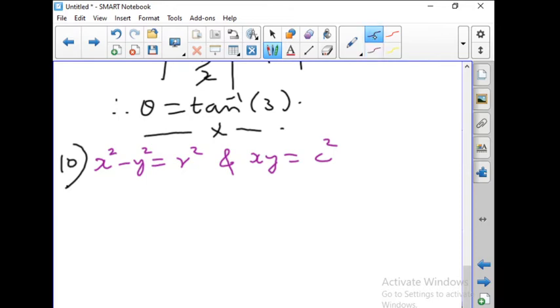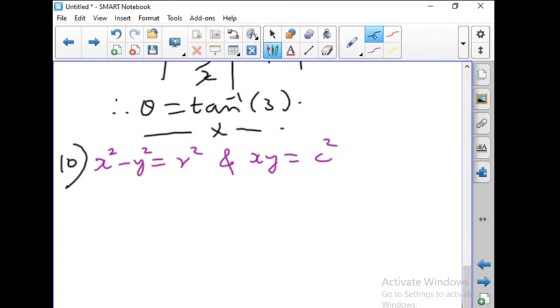The angle between the two curves is 90 degrees, we have to prove. So the two curves are perpendicular to each other. Perpendicular to each other means, as we have seen in a note, M1 into M2 is equal to -1. So we are going to prove that now.